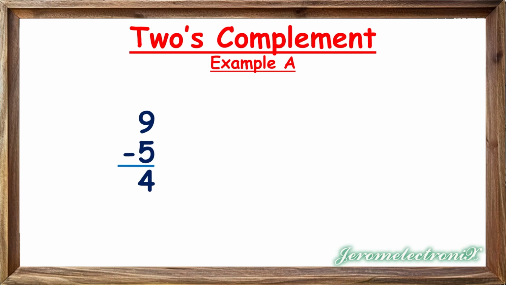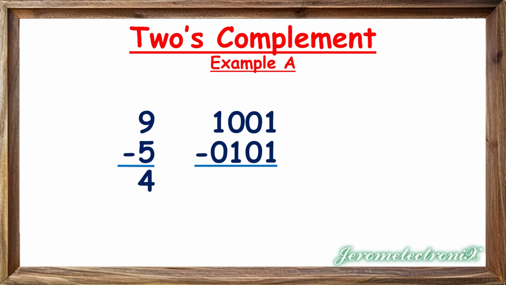So now we're going to recreate 9, but in binary. That would be 8 plus 1. And then we're going to recreate 5 in binary. That's a 0, 1, 0, 1. And then we are going to recreate the 9 again, but this time we're going to 2's complement the negative number, the 5.